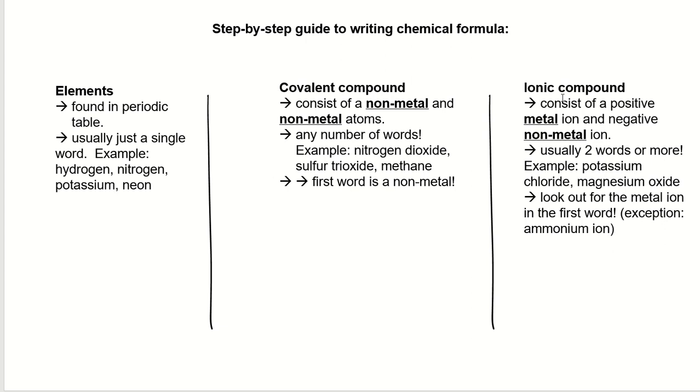And lastly, an ionic compound is made out of a metal and non-metal, usually 2 words or more, and you just need to look out for the first word. Usually, if the first word is a metal, then it's an ionic compound. So this is what we have gathered so far.